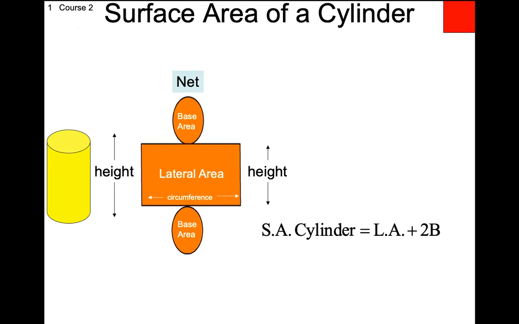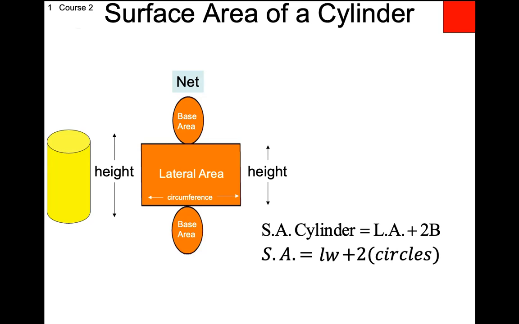So let's turn this into something we can use in our calculation. The lateral area is that rectangle. We said it's going to be circumference times height, right? But what's the formula for circumference? Pi d or? No, that's area. Pi r squared. 2 pi r or pi r squared, okay. 2 pi r, right? So the surface area is going to be length times width of the rectangle plus 2 of the circles.